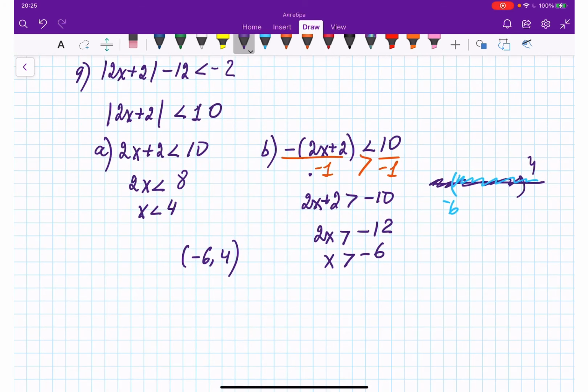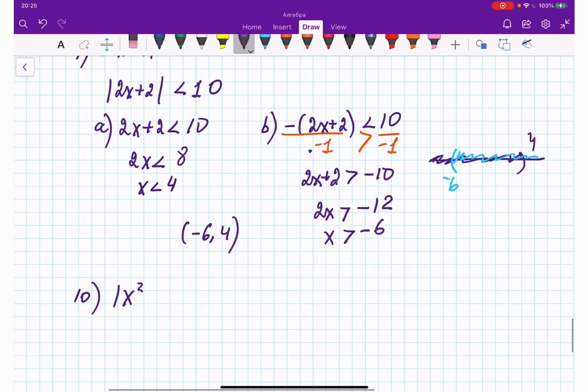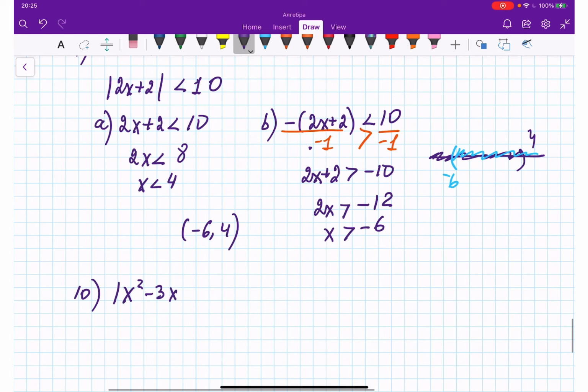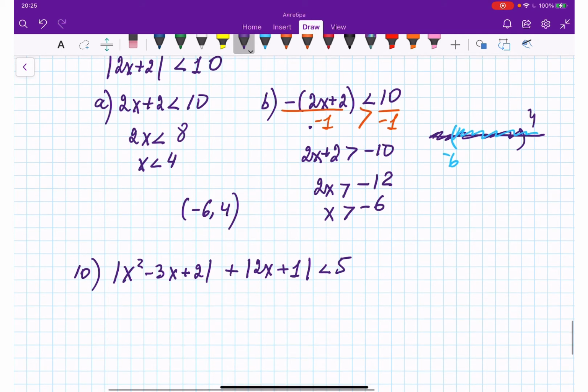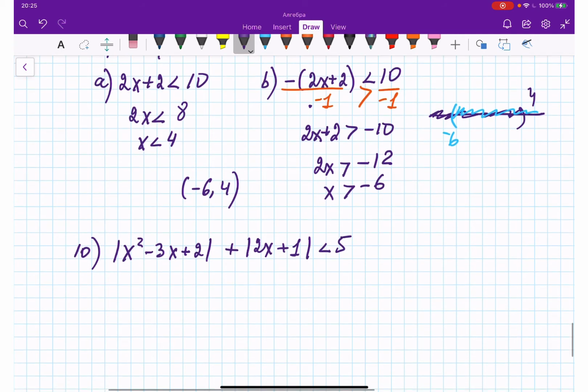We have the absolute value of x squared minus 3x plus 2, plus the absolute value of 2x plus 1, and this is less than 5. First of all, we need to find the solution for the quadratic expression x squared minus 3x plus 2.